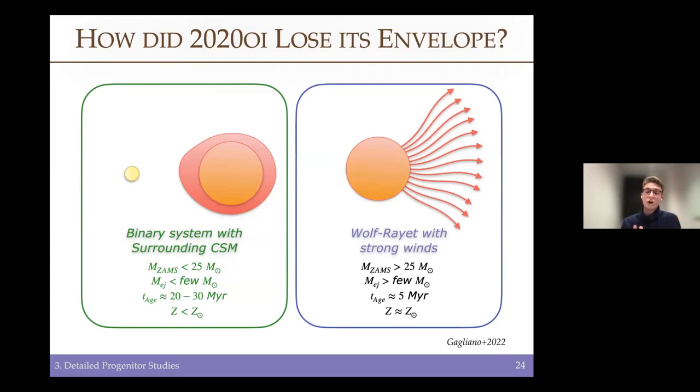And so in this case, all signs point to a binary system with some surrounding CSM, but exactly the configuration of the CSM we're not able to say from the data set that we're able to obtain. But in this case, it's very clear that we're dealing with a binary system and actually one of the lowest masses for a primary for a type Ic supernova that has ever been detected.